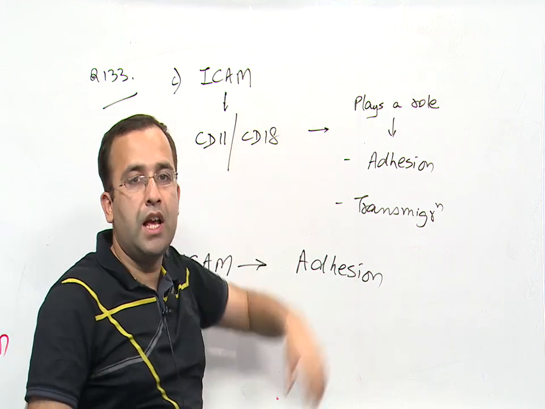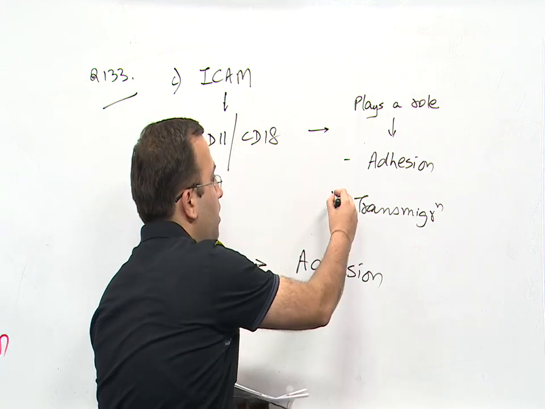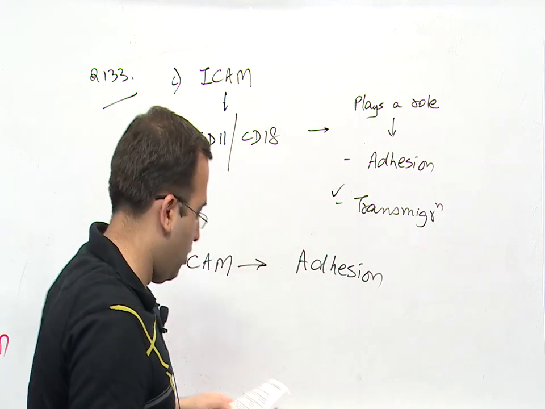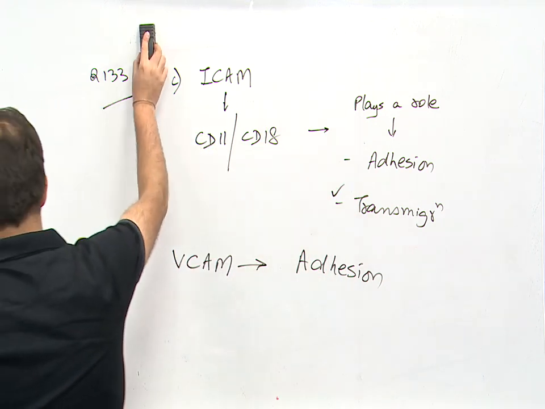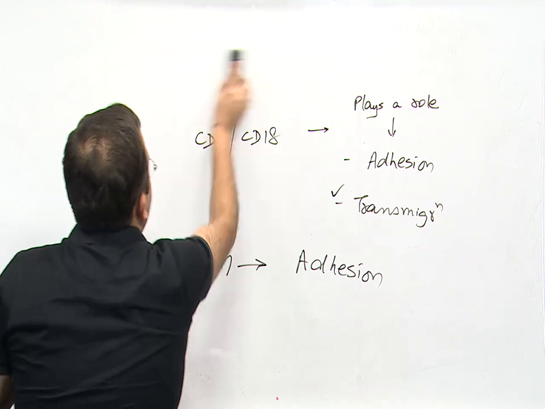So the answer is ICAM. It plays a role in transmigration of cells. Next.